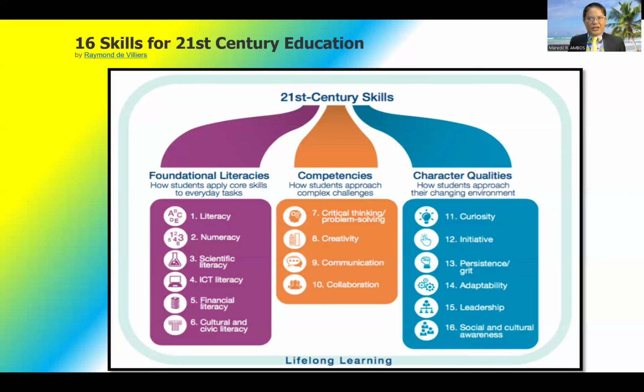And for our character qualities, we have curiosity, initiative, persistence or grit, adaptability, leadership, and social and cultural awareness. So these are the three categories or subcategories of the 21st century skills: foundational literacies, competencies, and character qualities.